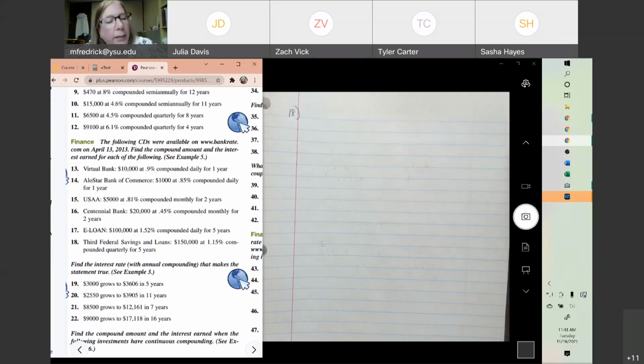And for number 18, it says Third Federal Savings and Loan, $150,000 is put down at 1.15% compounded quarterly for 5 years. So when you have things that are compounded quarterly, monthly, daily, or continuously, then you cannot use the simple interest that we used in the other problems.